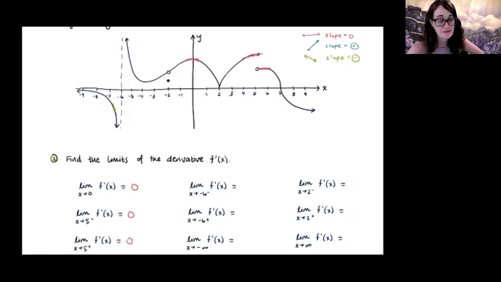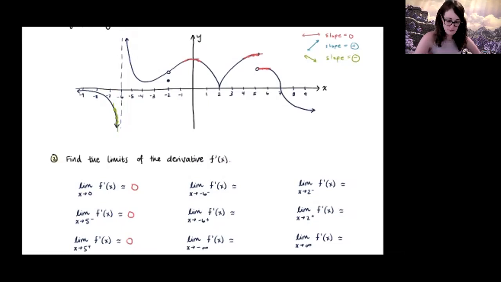Okay, it's negative. As we get closer to -6, maybe over here, it's also negative, but it got steeper. If we pick a point that's even closer to -6 and sketch in a tangent line there, it's still negative, going down from left to right, but it's even steeper. It's more vertical.